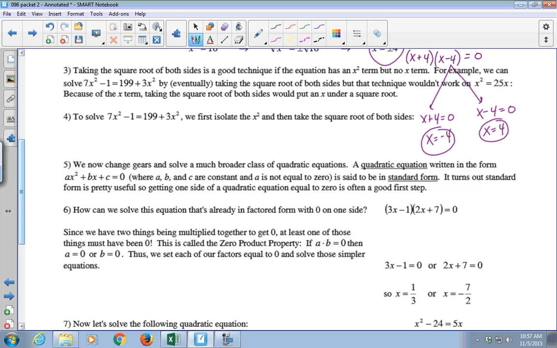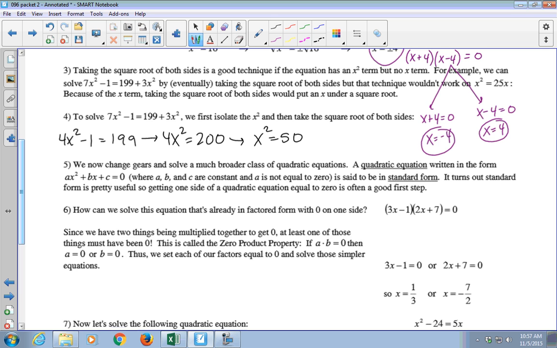I want all my x squareds on one side, so I would subtract 3x squared from both sides. And I get 4x squared minus 1 is 199. Add 1 to both sides. I want to get the x squared by itself, so divide both sides by 4, and you get x squared is 50. And then square root both sides.